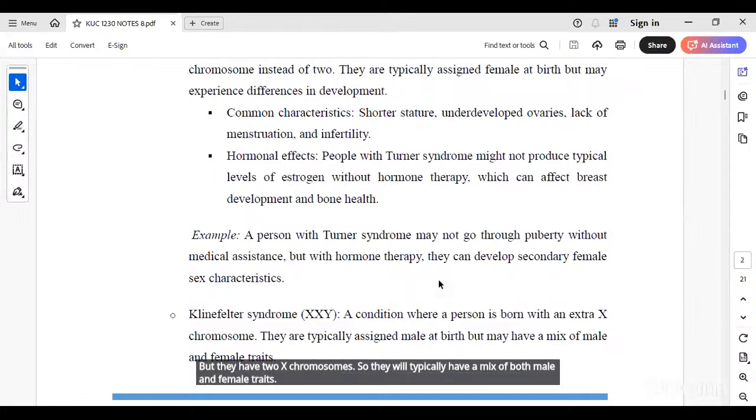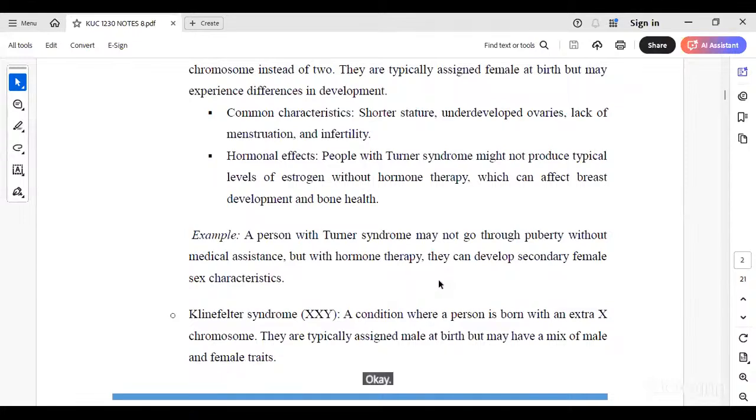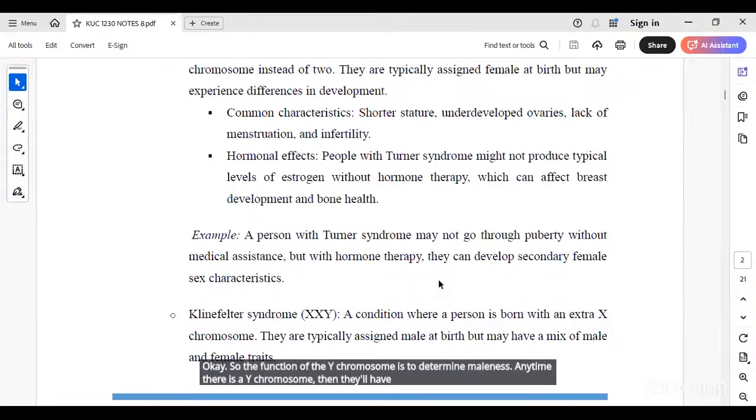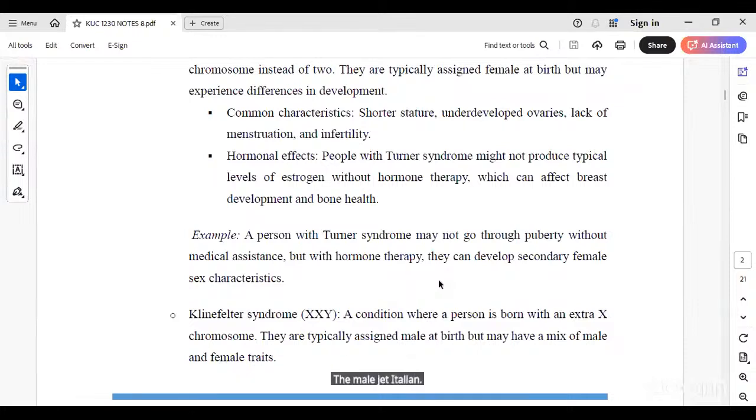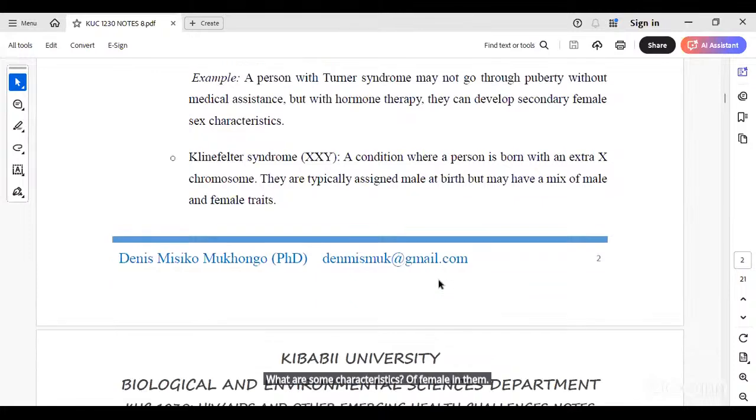The function of the Y chromosome is to determine maleness. Anytime there is a Y chromosome, they'll have the development, for example, of male genitalia. But because they have two X chromosomes, they have some female characteristics.